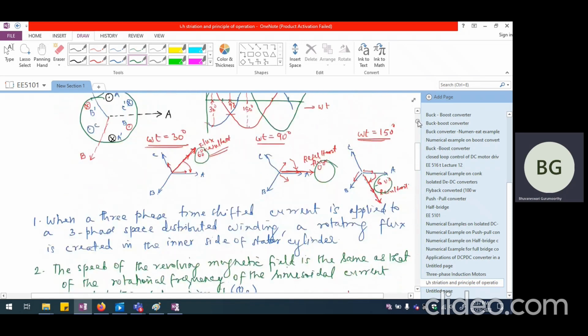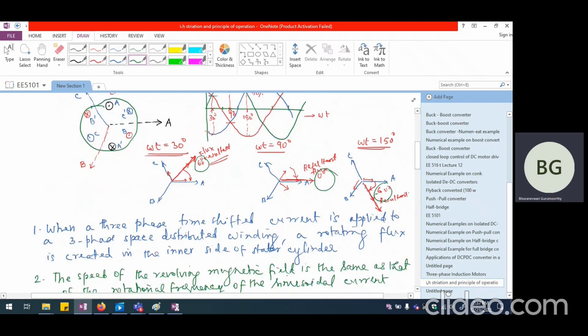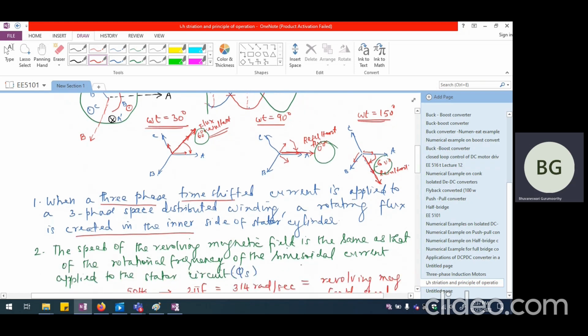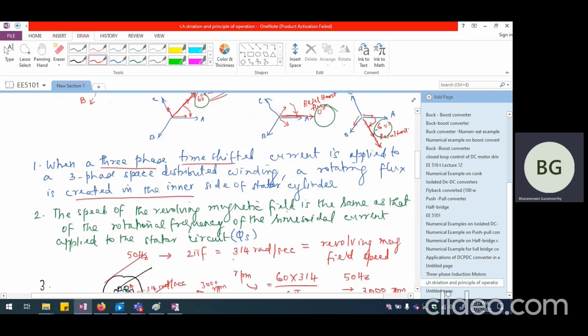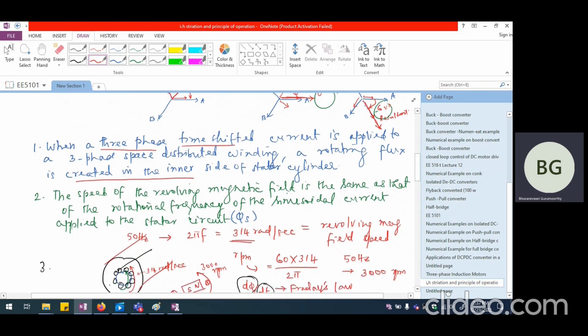We initially apply a three-phase, time-shifted current to the three-phase space-distributed conductors of the stator, and that creates a revolving magnetic field on the inner side of the stator cylinder, whose speed is the same as the frequency of the applied voltage in radians per second. The rotor conductors sitting on the inner periphery visualize this as a rate of change of flux.